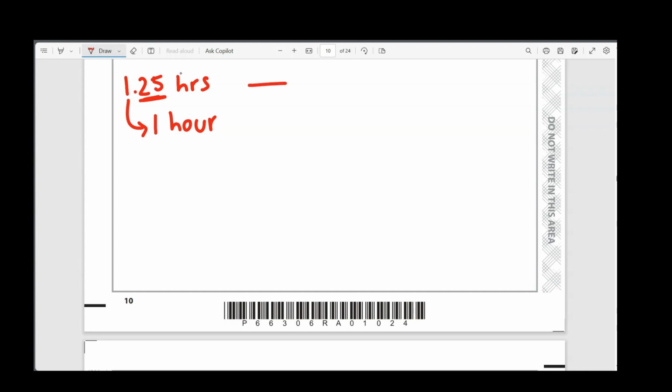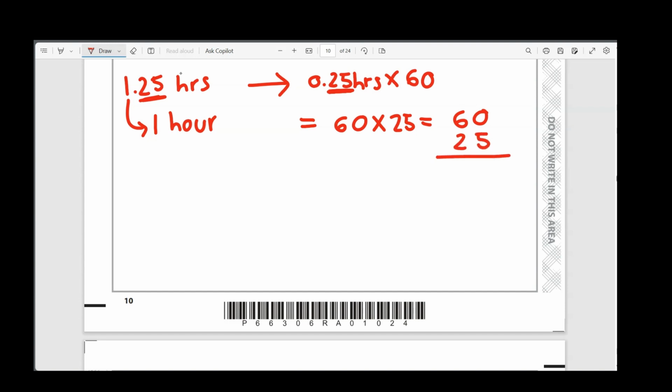Okay, so 0.25 hours, what we would have to do is multiply this by 60 to get how many minutes that is. Okay, so when we are multiplying with decimals, what I like to do is ignore the decimals in the meantime, since my answer is going to have 2 decimal places. So I'm just going to multiply normally. I'm just going to say 60 times 25. And I usually use the column method, but whatever method works for you, you do that one. Okay, so we're going to set it out like that.